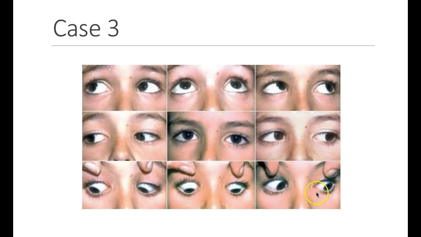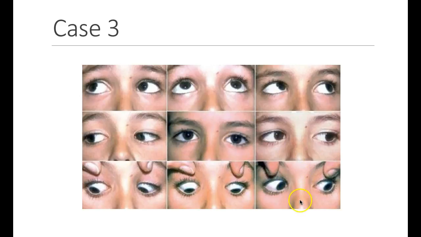So the easiest picture to see that in is actually this one. The patient has a lesion of the right fourth nerve nucleus. You can see that the right eye is a little bit higher than the left in the initial picture. You can also see that there is a slight left head tilt even in the picture.